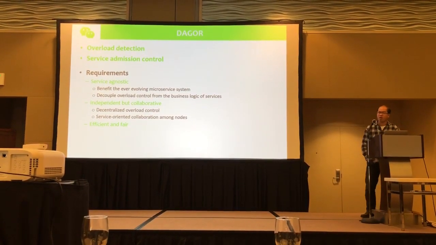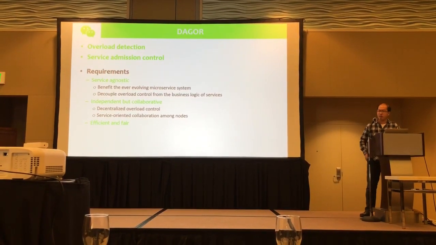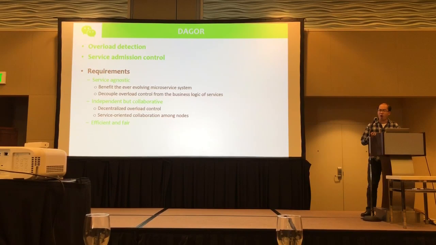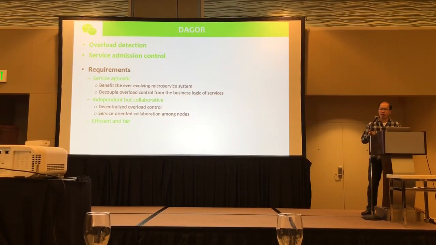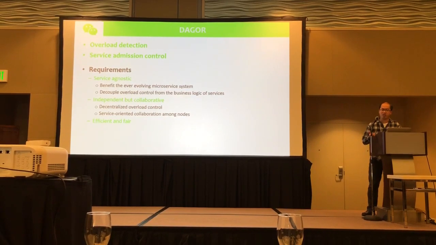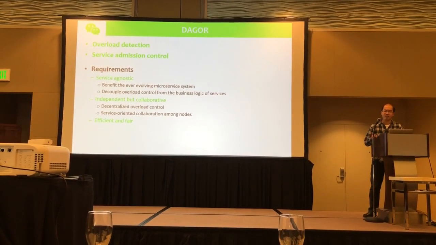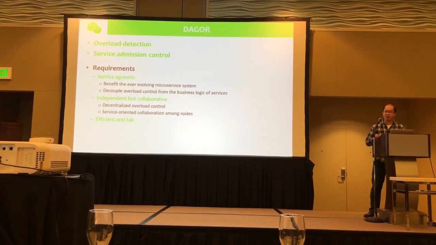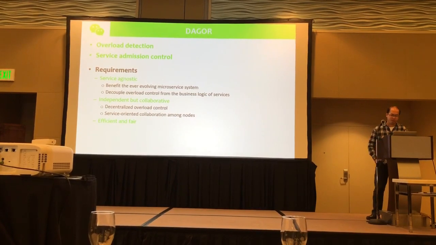The second requirement is independent but collaborative. Independent means that the overload control must be totally decentralized. That means the overload control relies on the capability of a single node to control its overload situation, rather than counting on a centralized gateway to monitor the overall situation in the whole system.